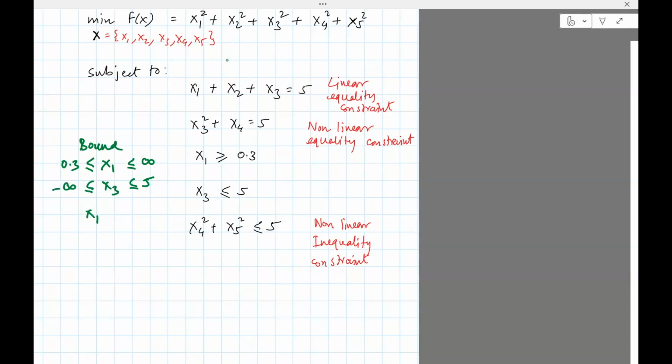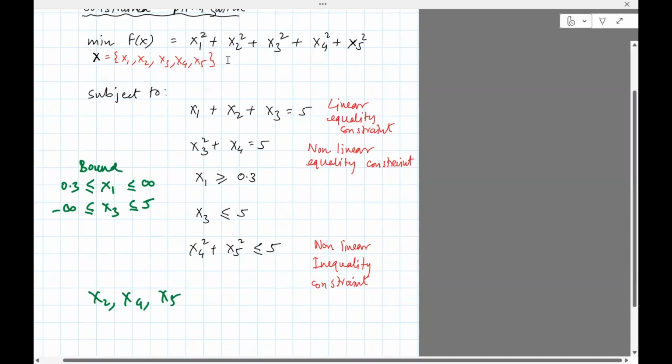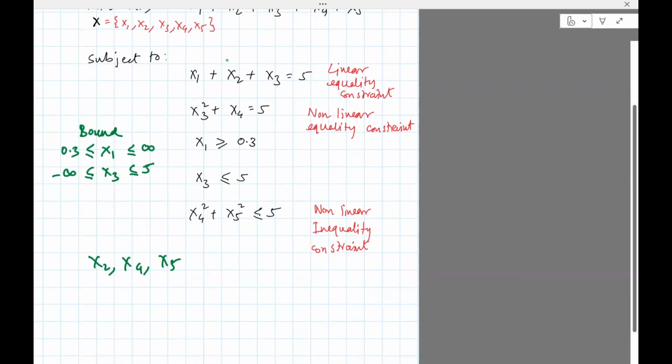And then the other ones, x2, x4, and x5, write it down, x2, x4, x5. There's nothing said about those variables, so we assume that they are between minus infinity and plus infinity.